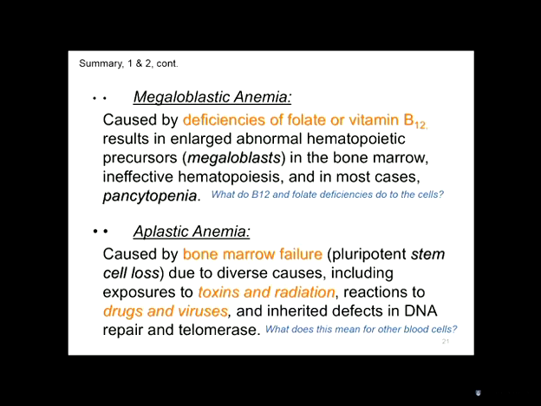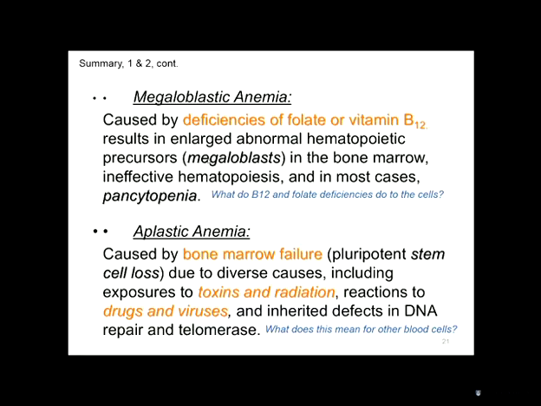We'll only look at one example of a megaloblastic anemia that has to do with B12 deficiency, an autoimmune disease called pernicious anemia. But keep in mind that there's multiple ways that you might not have enough folate or vitamin B12. And it doesn't matter what the cause of the deficiency is, you still end up with a megaloblastic anemia. The features of the anemia are going to be the same, even though the underlying specific mechanistic cause is different.